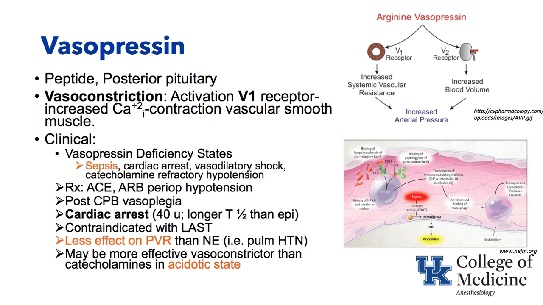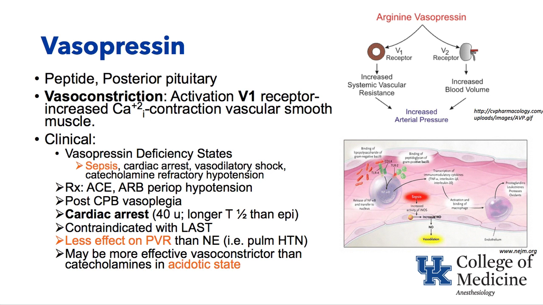Clinically, vasopressin is used to raise blood pressure in vasopressin deficient states. Examples of vasopressin deficient states include sepsis, cardiac arrest, vasodilatory shock, and catecholamine refractory hypotension. Sepsis is a very common one where vasopressin is used.